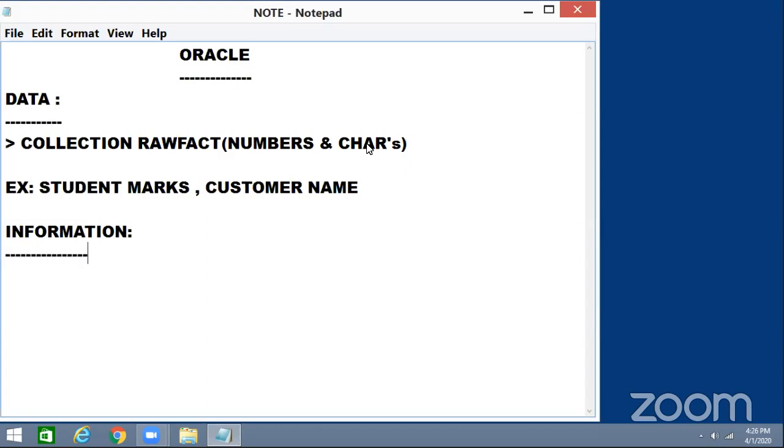The next basic term is information. Information is simply the processing of data. Processed data is called information, and it is also called meaningful data.